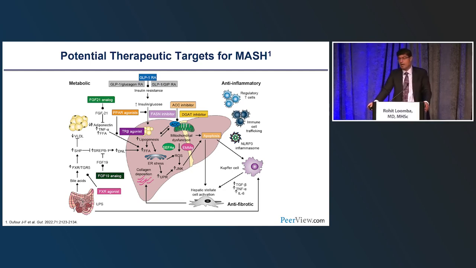This can lead to mitochondrial dysfunction, leading to mitophagy, which can be corrected by various therapies, and we'll look at some of them today. There's also a component of chronic inflammation that is present and immune cell trafficking related in NAFLD progression. We also know the important role of gut microbiome leading to activation of hepatic stellate cells in the liver.